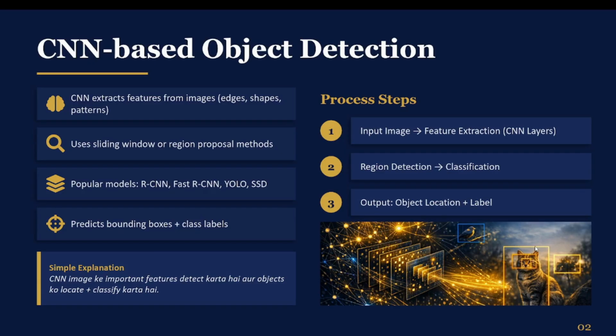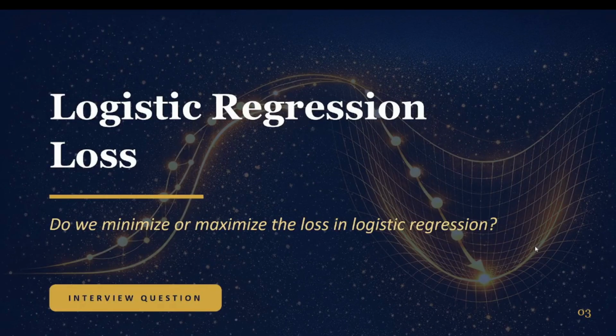In summary, CNNs make object detection possible by combining powerful feature extraction with spatial localization, first understanding what the image contains and then precisely identifying where each object is located within it. Now let's move on to our second interview question, which comes from the fundamentals of machine learning.